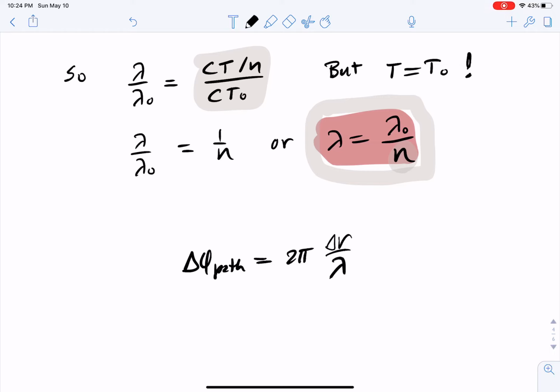Okay, so the question is, where did this path difference occur? The wavelength that you use down here has to be the wavelength where that path difference occurred. It should be fairly obvious, but you have to remember to do it.